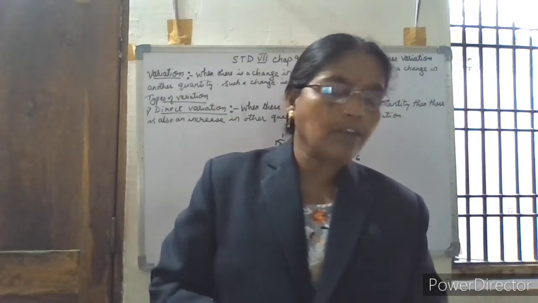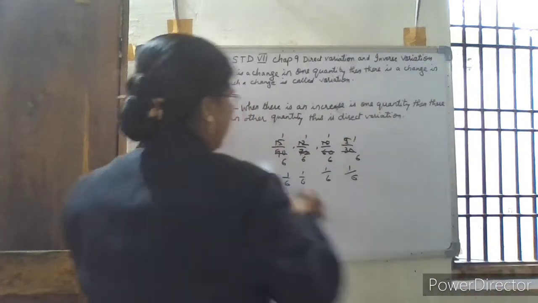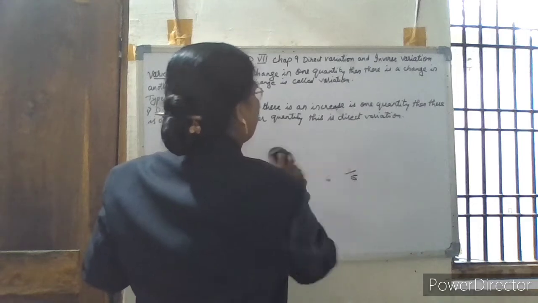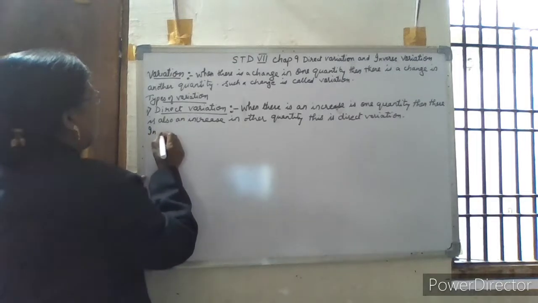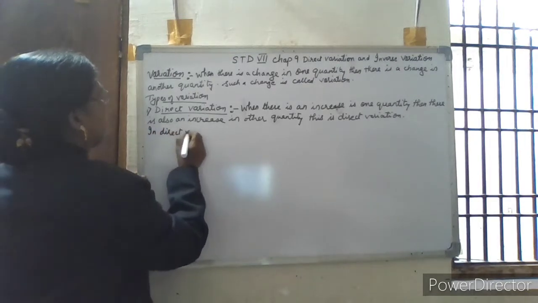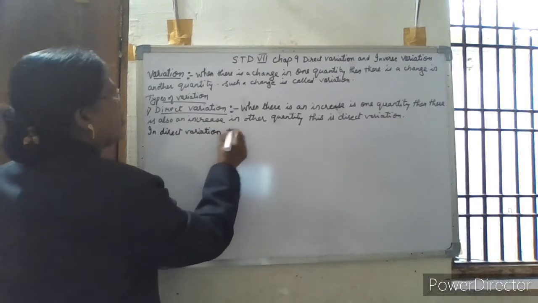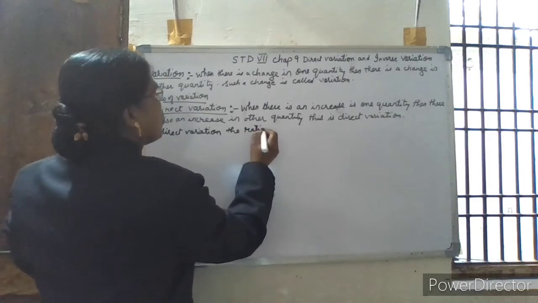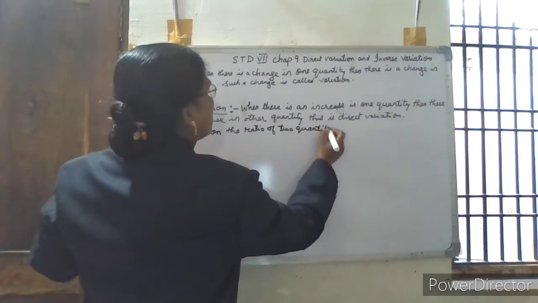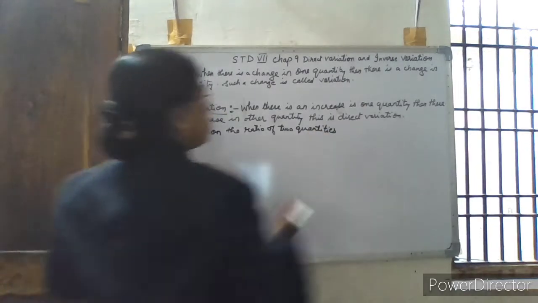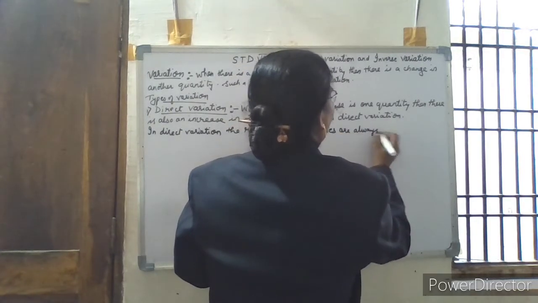So in direct variation, the ratio of the two quantities is always constant.